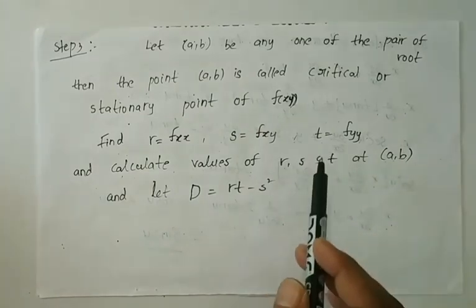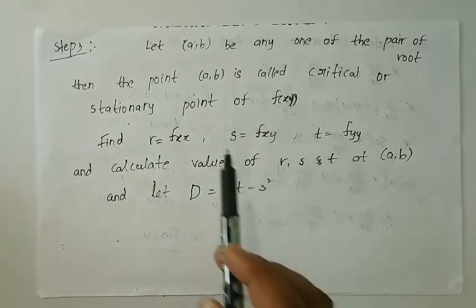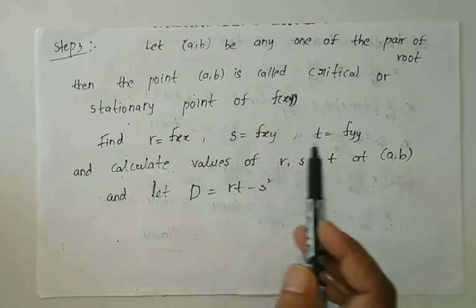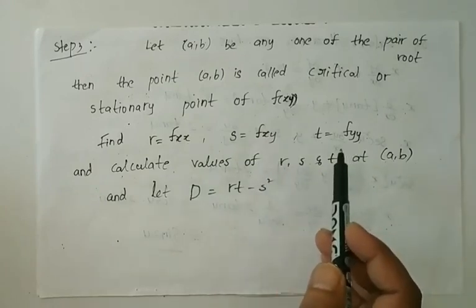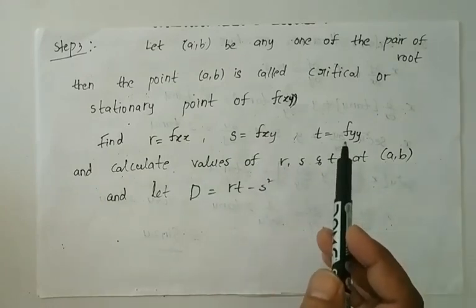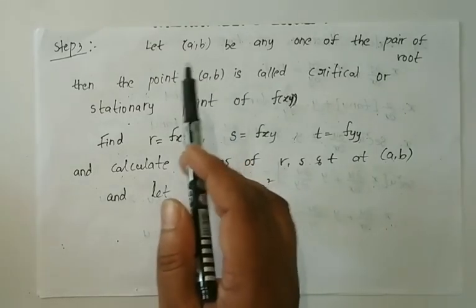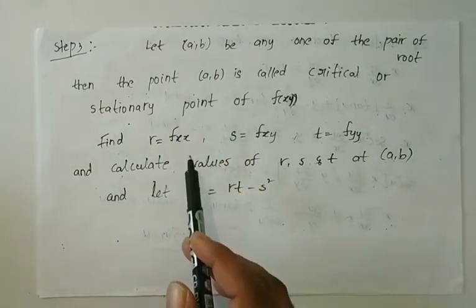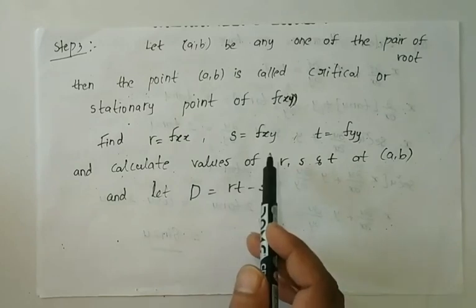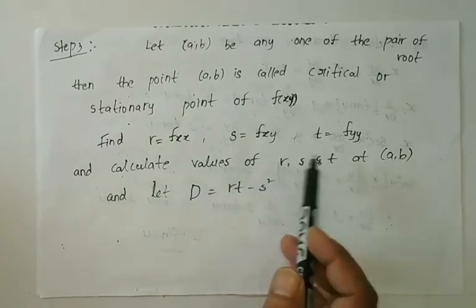In the third step you just have to find fxx, fxy, fyy at the point a comma b.